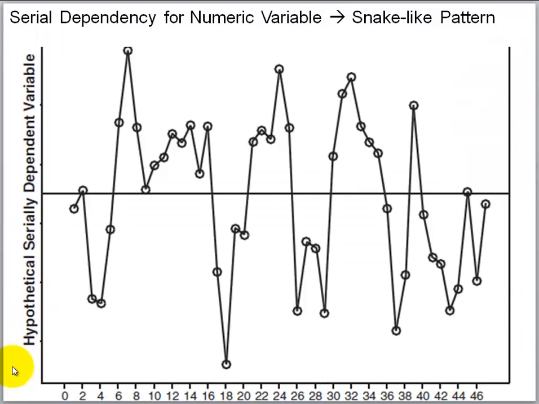Now, the example that we were just looking at was demonstrating serial dependency for a categorical variable, that being yes, participated versus no, did not participate. Now suppose you had a numeric dependent variable. Well, then what would serial dependency look like? The bottom here is showing us, I suppose, days. This study presumably takes place across about 46 days, and what you see is a serpentine or snake-like pattern.